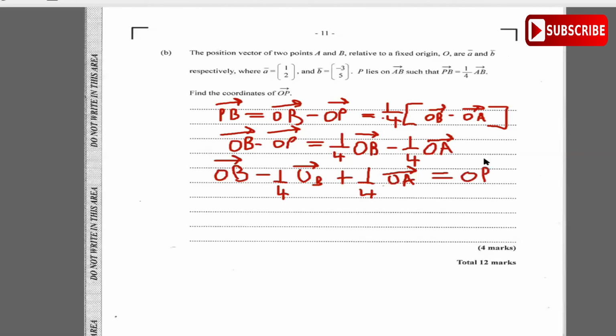So now that I have what vector OP is, I can just add them because I know what OB is. OB is (negative 3, 5), minus a quarter of (negative 3, 5), plus a quarter OA, which is a quarter of (1, 2).